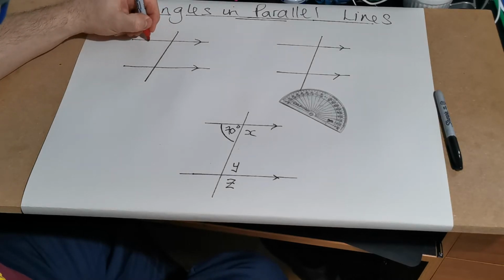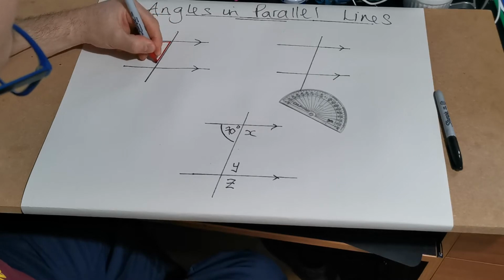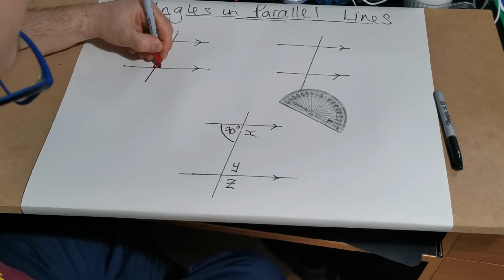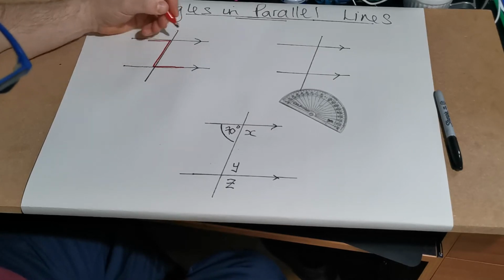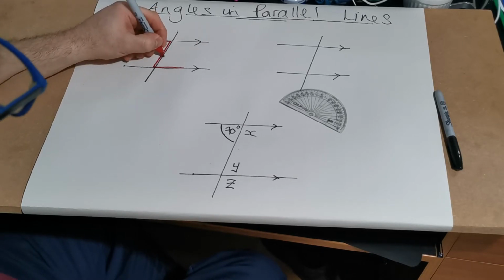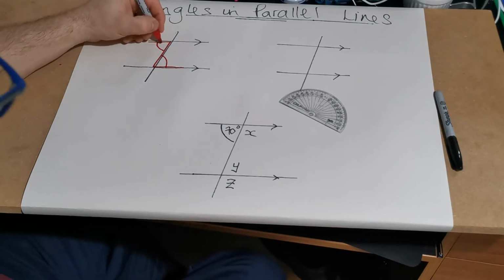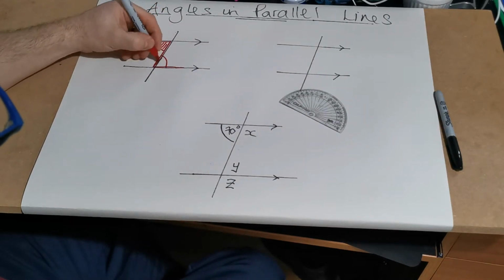So for example, if I was to draw a Z in here, I would be able to say that that acute angle is the same as that acute angle there. So these angles are the same.